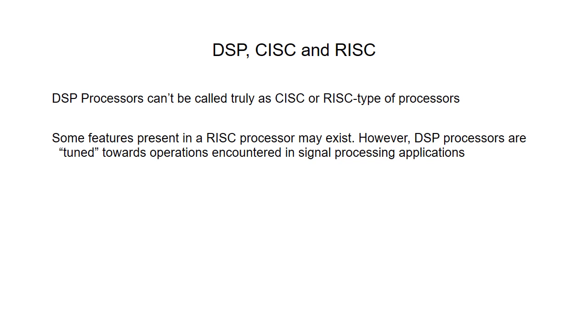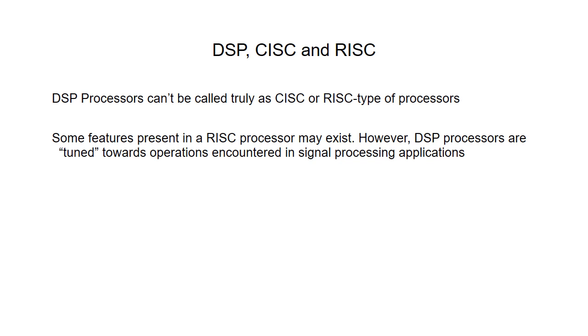Next, DSP, CISC and RISC. DSP processors cannot truly be called either CISC or RISC type processors. Some features present in RISC processors may exist, however, DSP processors are tuned towards the operations encountered in signal processing applications.